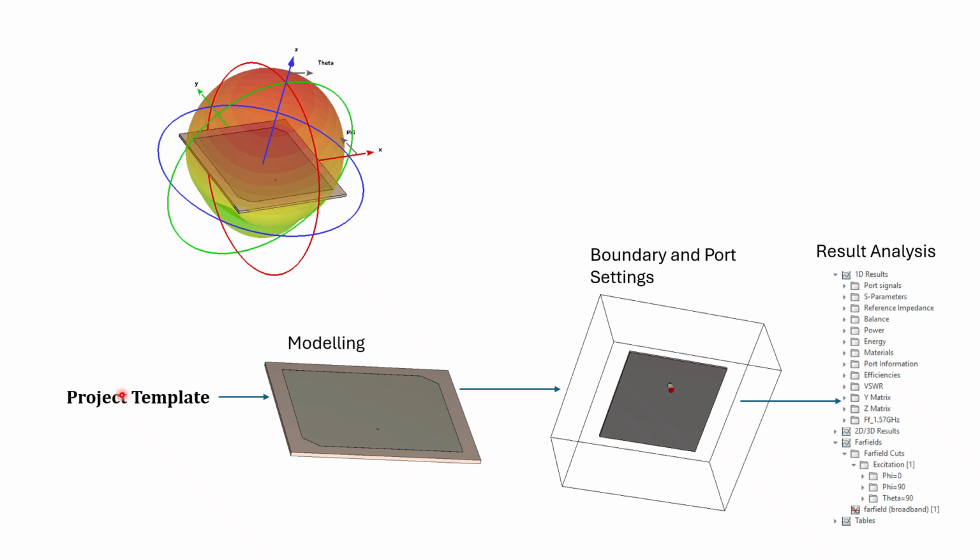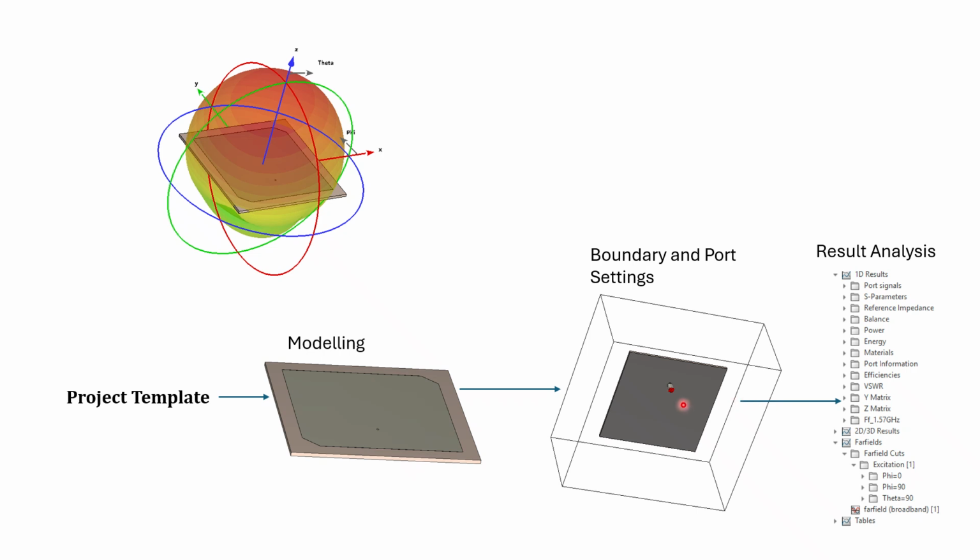Once it is done, the next step is you have to create the model. Then after modeling the structure, you have to do the appropriate meshing and make some modifications on the meshing to have accurate results. After that, you have to set the boundary condition based on your solvers, like open boundary, electric boundary, or magnetic boundary.